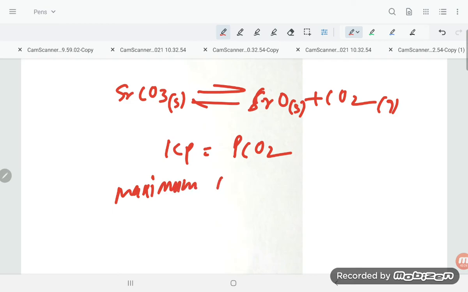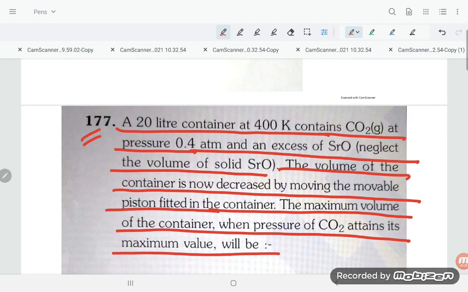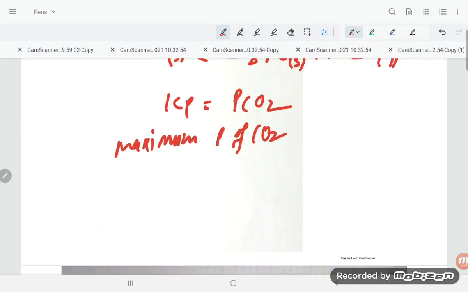Here you see, CO2 is 0.4 atm and the excess SrO, neglect the volume of the container, moving the piston, the maximum volume of the container when pressure of CO2 is at maximum value. So how much will the maximum value be, student? The maximum value will be 1.6 atm, okay.